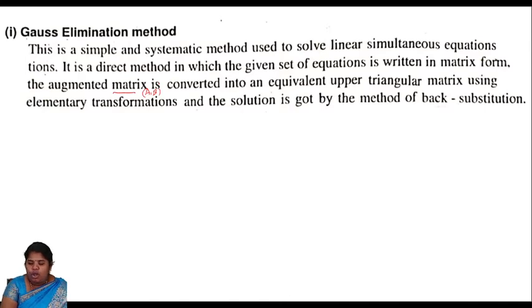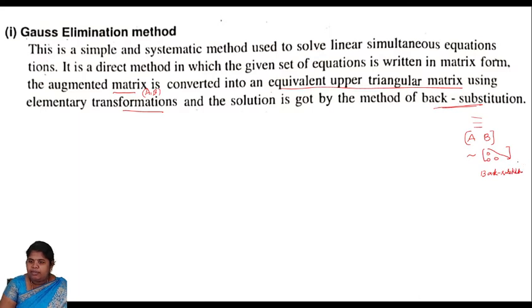The augmented matrix is converted into an equivalent upper triangular matrix using elementary transformations, and the solution is obtained by the back substitution method. So we are given a set of equations, we write the coefficient matrix and constant matrix combined together as the augmented matrix. This augmented matrix is transformed into an upper triangular matrix, in which the elements below the diagonal are 0, and the solution is obtained by back substitution. This is the concept.